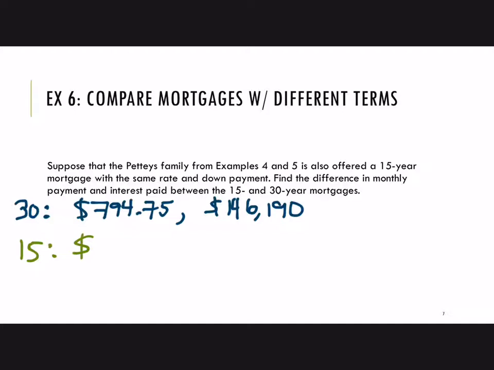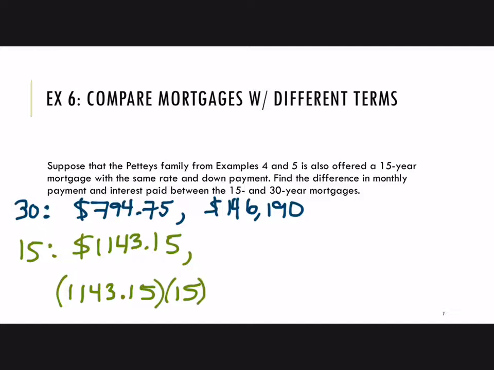Since it's a shorter term for the mortgage, it makes sense that they would have a higher monthly payment in order to be able to pay it off sooner. How about the total interest paid? We know the monthly payment, and now they're paying this for 15 years at 12 months a year. So 15 times 12 is the total number of months.